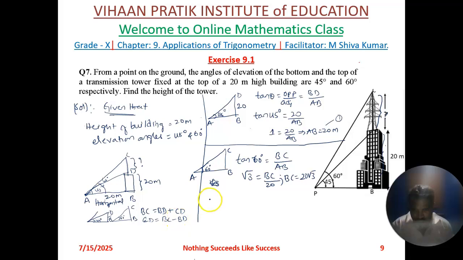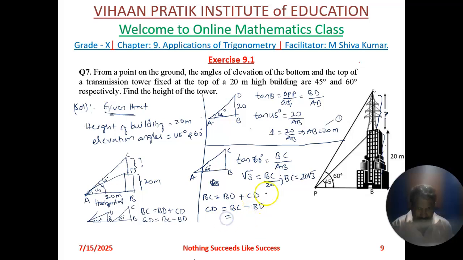Now we know this equation: BC, the total height, equals BD, the height of the building, plus CD, the height of the tower. So the height of the tower CD equals BC, the total height, minus the height of the building.